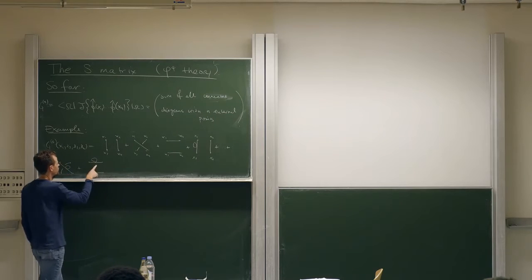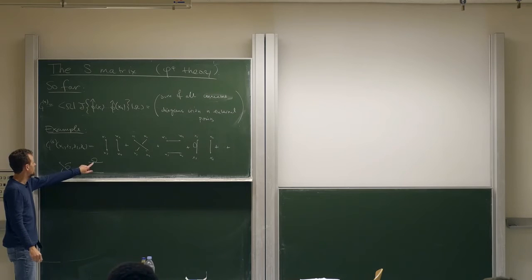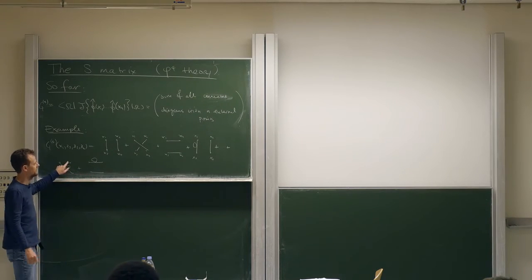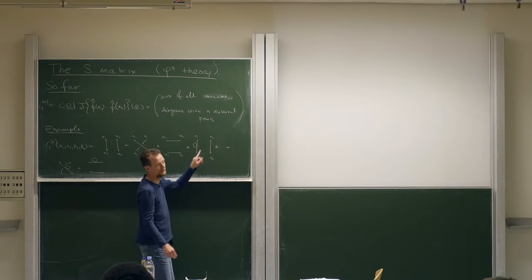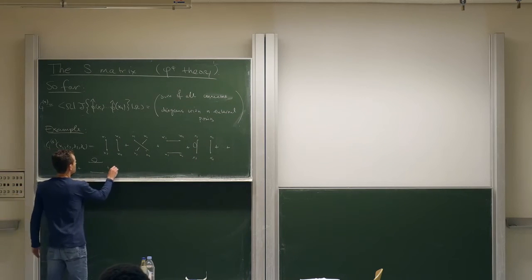Here's one there where the loop appears on the top. And there's diagrams where the loop appears at the bottom. There's diagrams where the loop appears on the other leg here. The loop appears over here. So there's a whole bunch of diagrams like this that you have to write down. Dot, dot, dot.